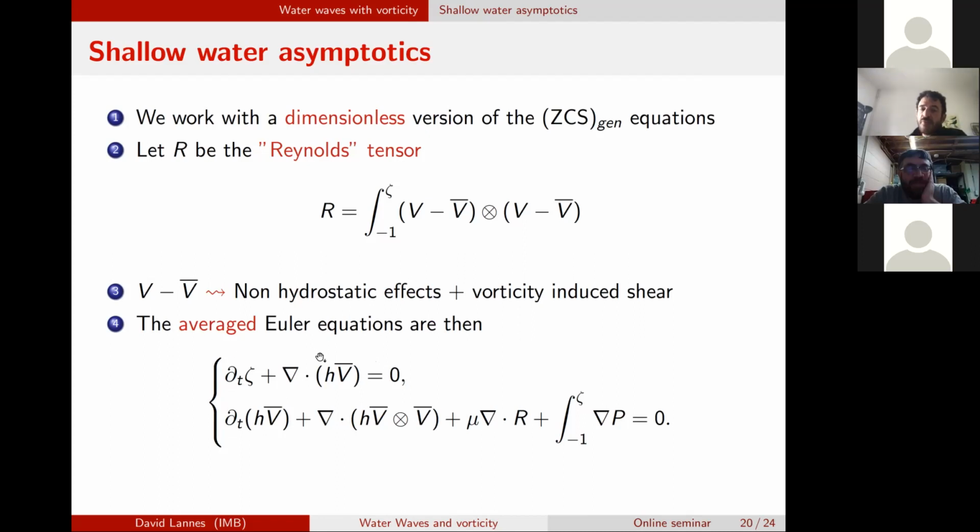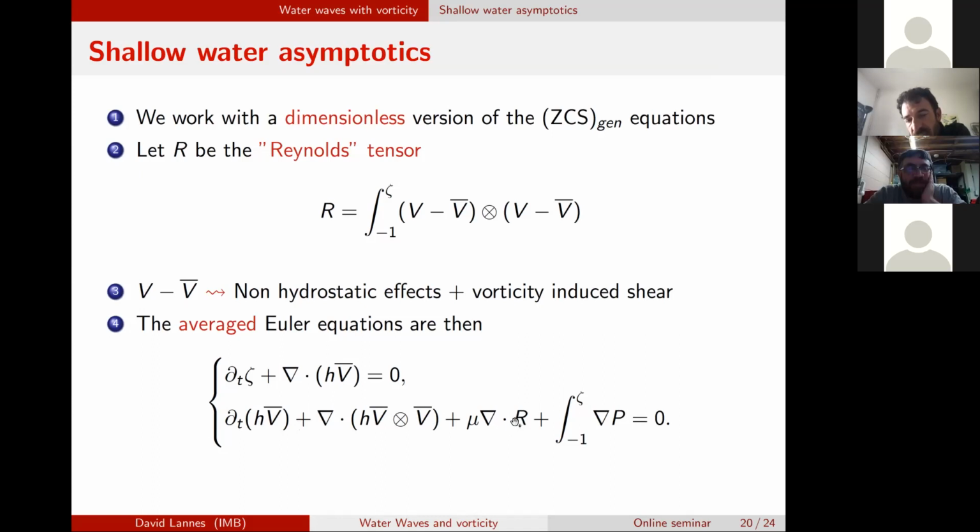And then if you want to obtain an equation on v bar, a natural way to do it is to integrate vertically the horizontal component of Euler equation, which is dt v plus u grad v, etc. Then you find dt of h v bar plus divergence of h v bar square plus this term R here.